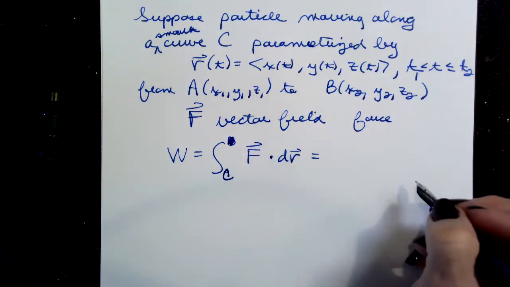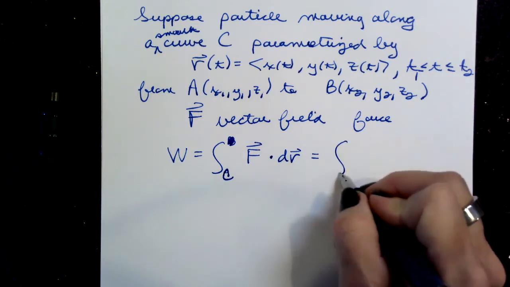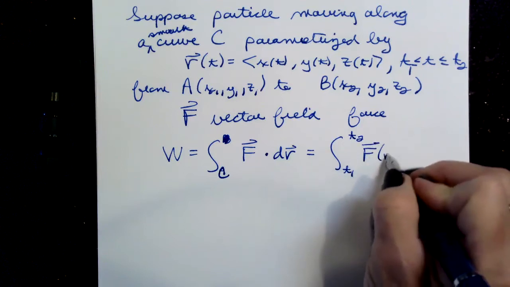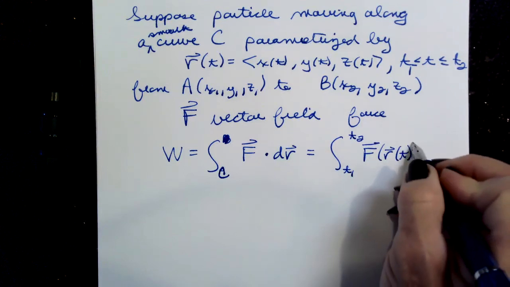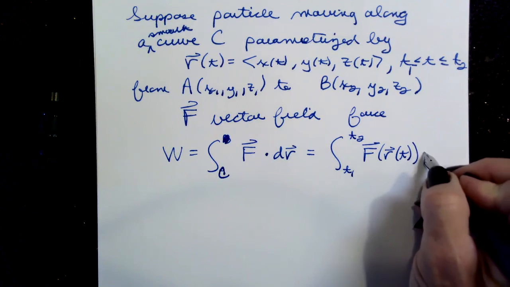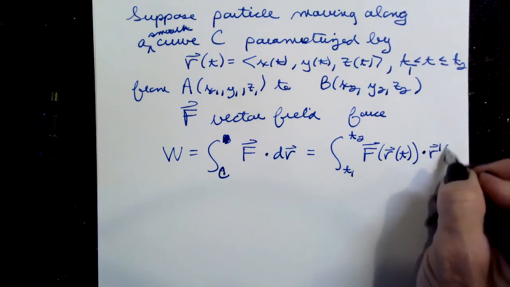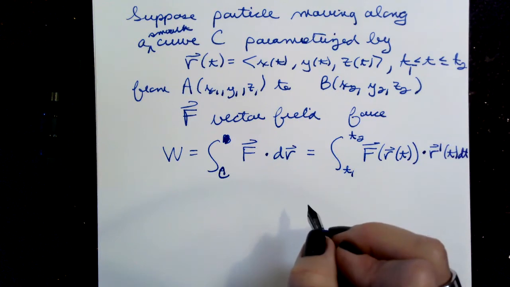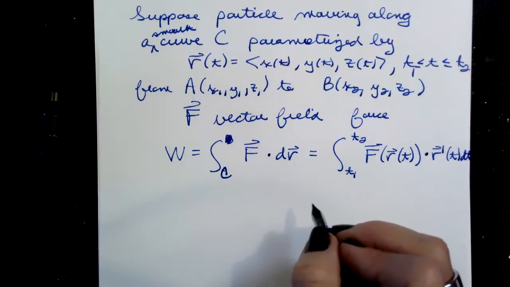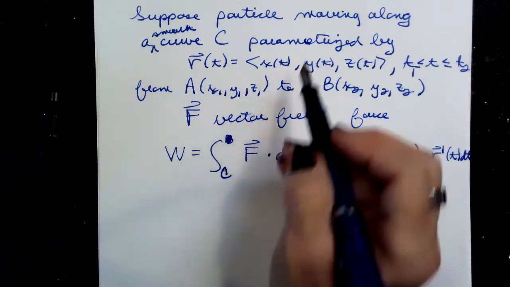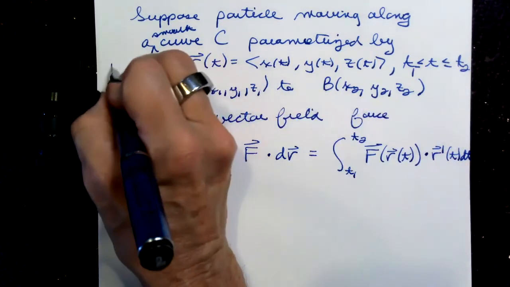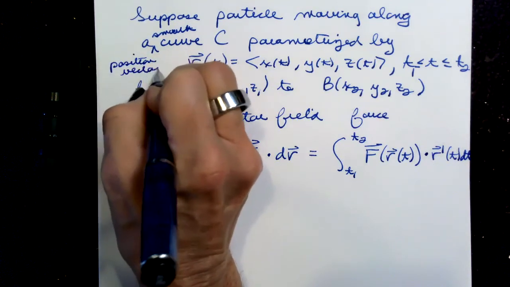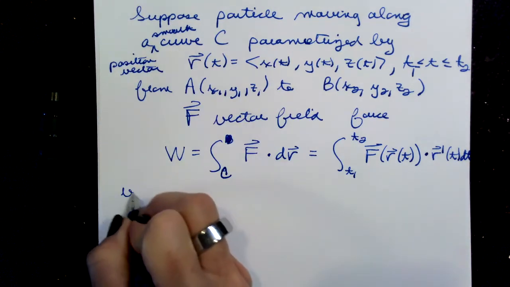That's equal to the integral from t1 to t2 of F of r of t dotted with r prime of t dt. But now notice that r of t is the position vector for the particle when it moves along the curve. What's the velocity vector?